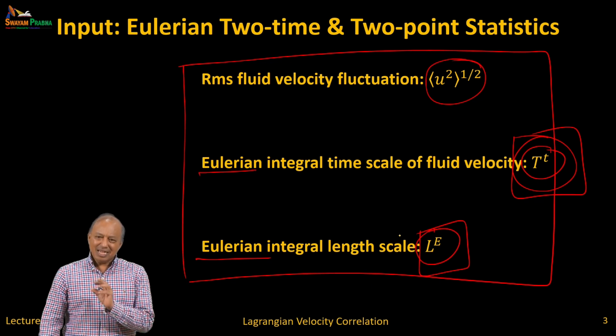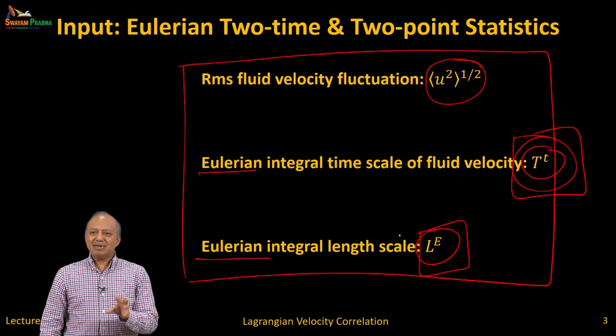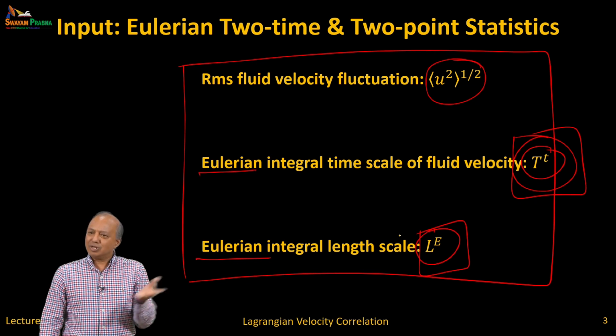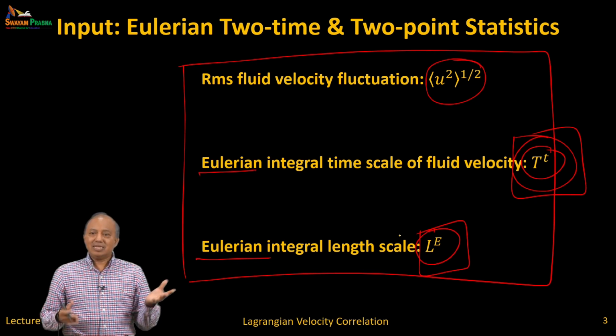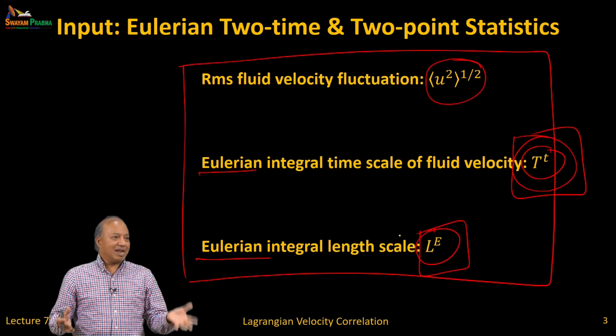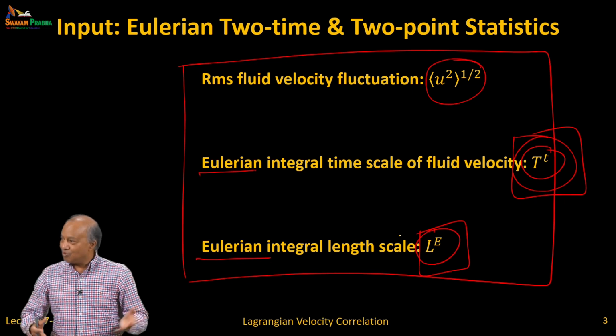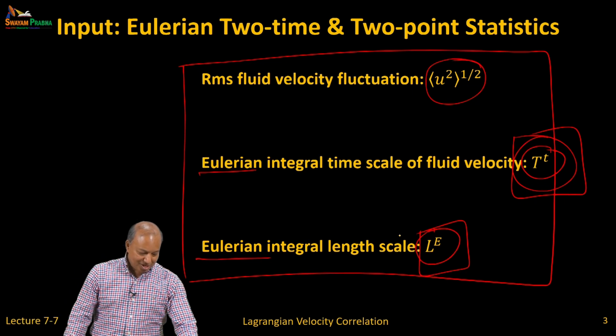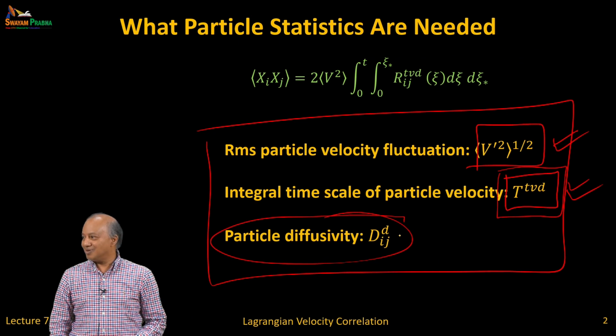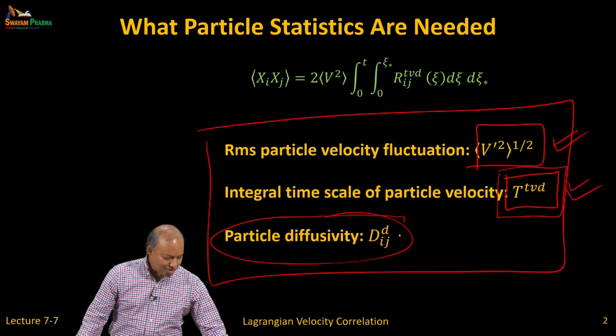So these things you may not directly get, but in a RANS or a LES simulation you will know them. So bottom line is that these are the things you will have in a RANS or LES simulation. The question is, how do you get these?